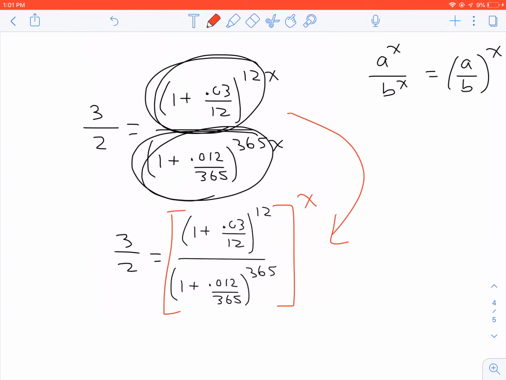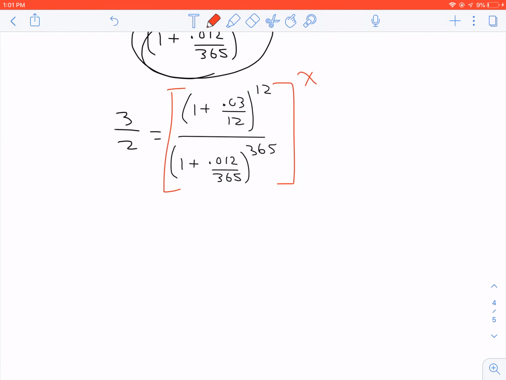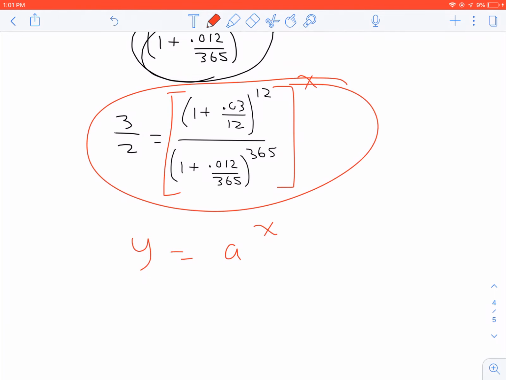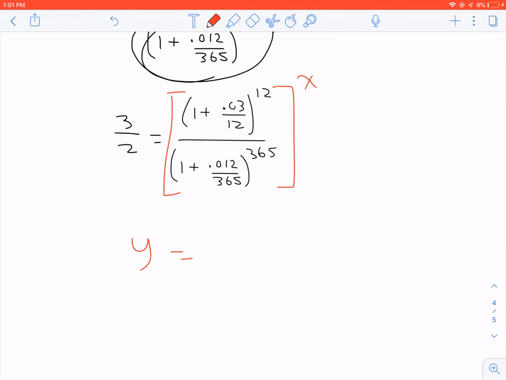And now we just have pretty much y equals a to the x, right? And so this is in exponential form. We can convert this to logarithmic form, where our base is just this crazy fraction, and that's our base.